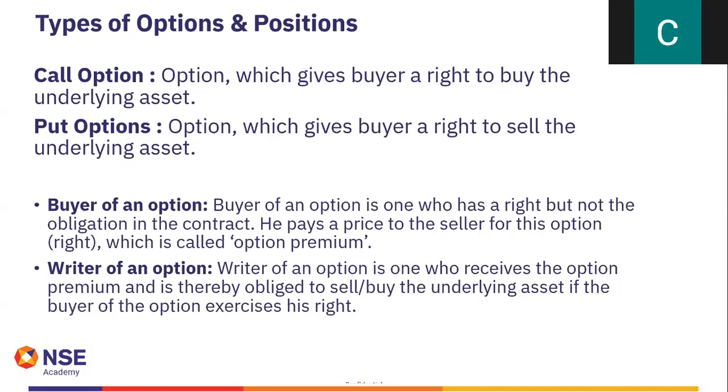In this call option, I bought a call option, so I have a right to buy. And as a buyer of a call option, I will be making money only when the price increases. The seller of a call option will be making a loss if the price increases. Okay, this is about call option.